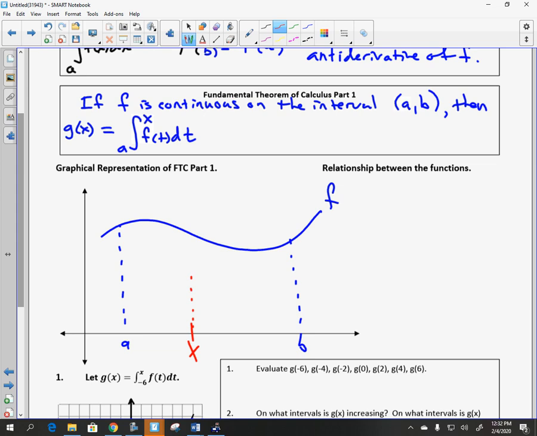If I pick a value x right here, what happens to the area as I move x that way? The area gets bigger, right? What happens as I move x to the left? It gets smaller. So g of x is a function. As you move x, that thing changes. And it turns out that g of x is also continuous and differentiable.